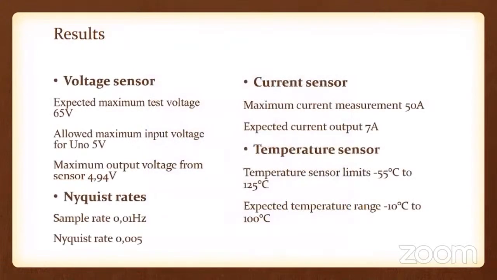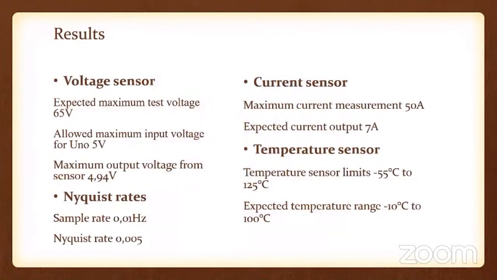The prototype was installed into a test system where the expected maximum voltage of the output solar panel would not exceed 65 volts. The allowed maximum input voltage of the Arduino Uno is 5 volts, and the maximum output voltage from the sensor was 4.94 volts.